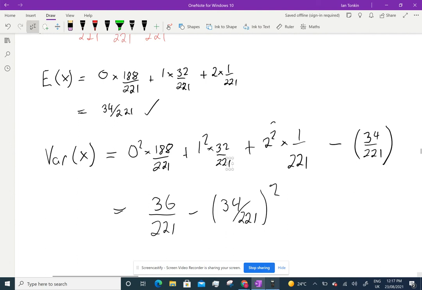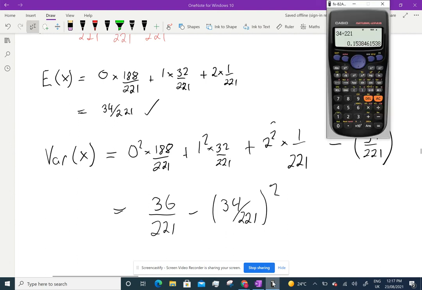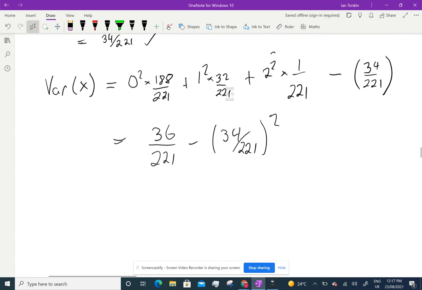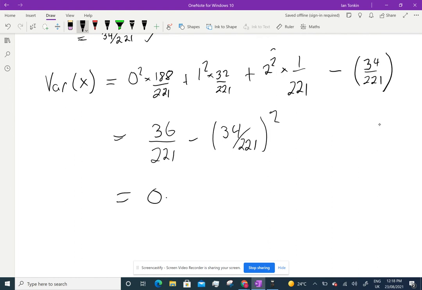I've already got my answer, so I'll just go 36 divided by 221 minus my answer squared. And it's 0.139. The work solution has it as 0.14. So the variance equals 0.139.